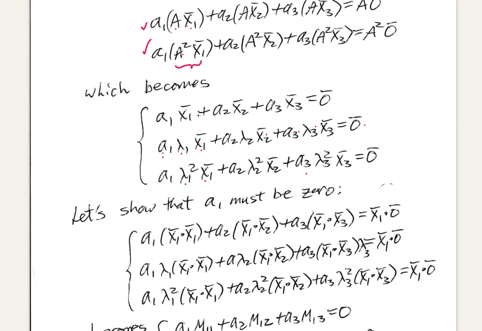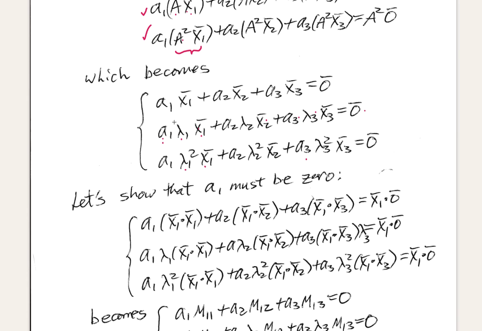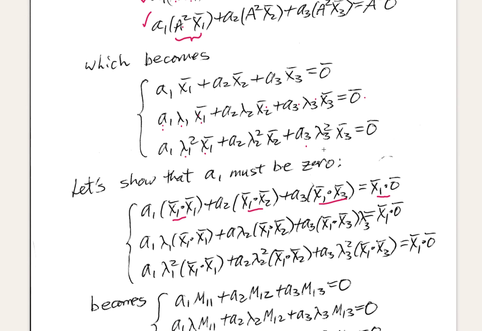So I'm going to take this first equation and dot product both sides with x sub 1. You see I would get a sub 1 times x sub 1 dotted with itself, plus a sub 2 times x sub 1 dotted with x sub 2, plus a sub 3 times x sub 1 dotted with x sub 3, and that should be x1 dotted with 0. And I do that with all three equations.